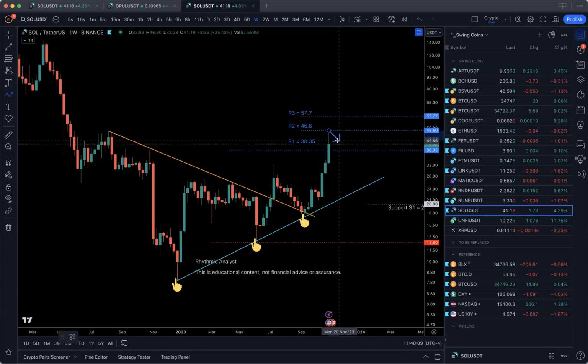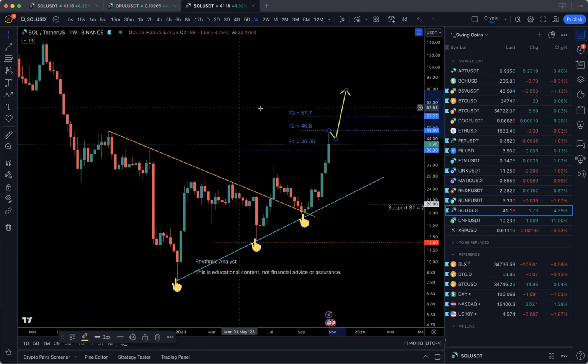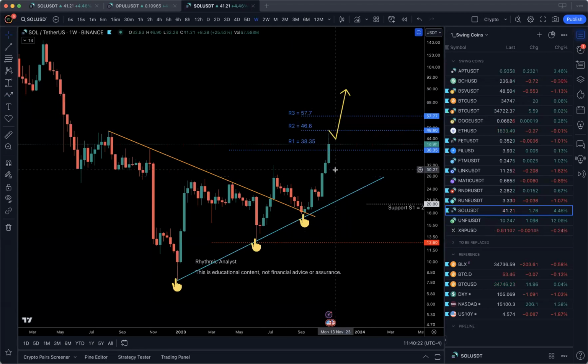It may dip, spend some time sideways, and then go up like this. The interim resistances are just checkpoints to see how it might do. And remember, when you have these 15 coins, we are tracking the trend. So the focus is trend. Support and resistance are checkpoints.